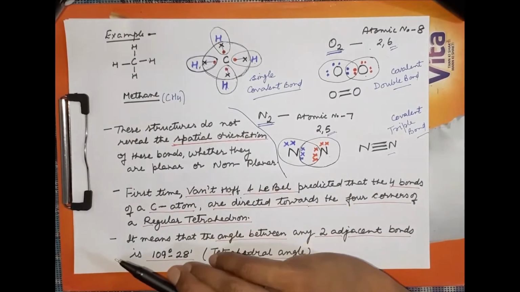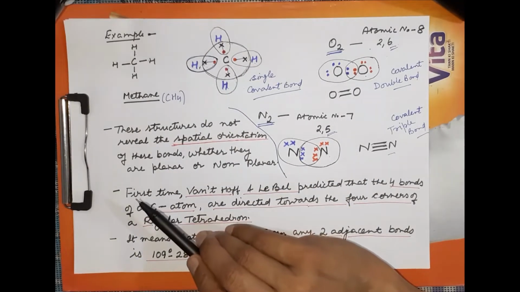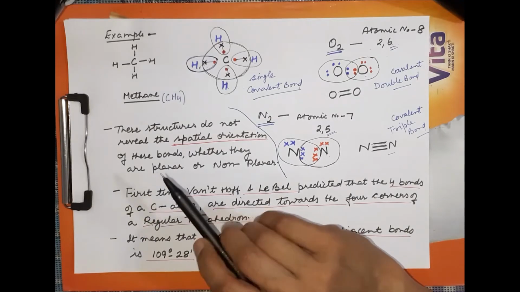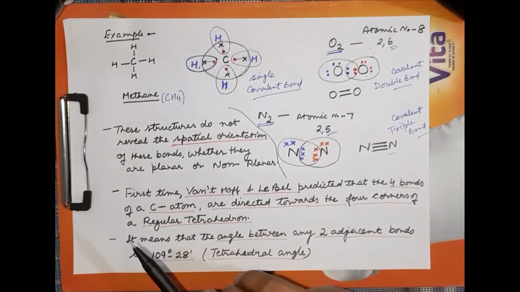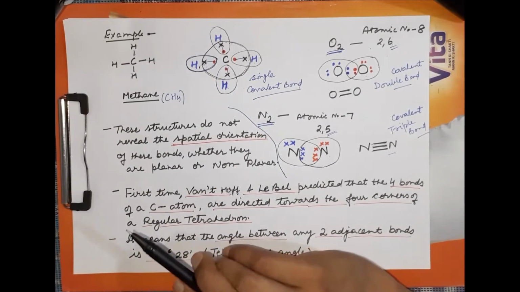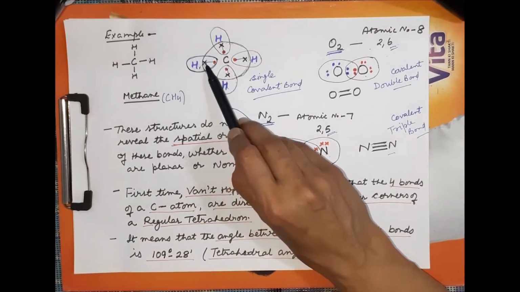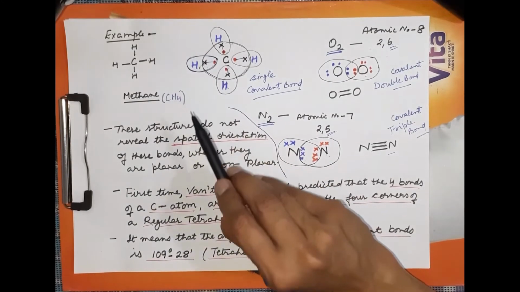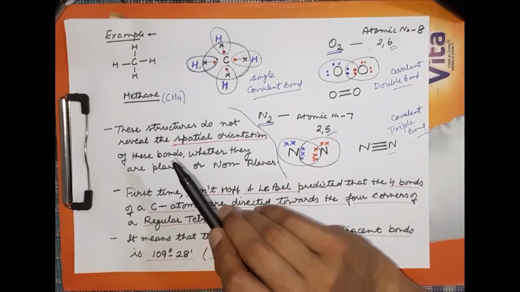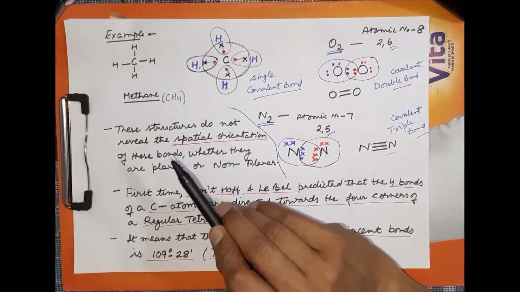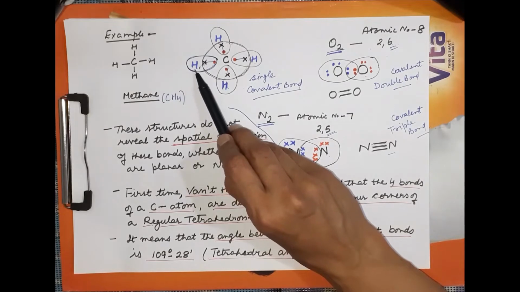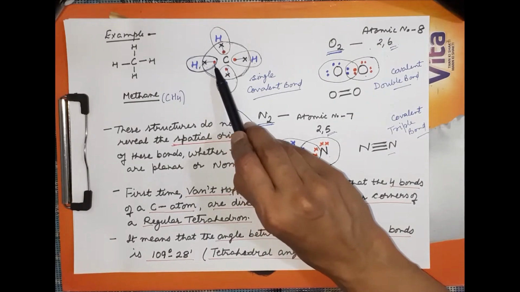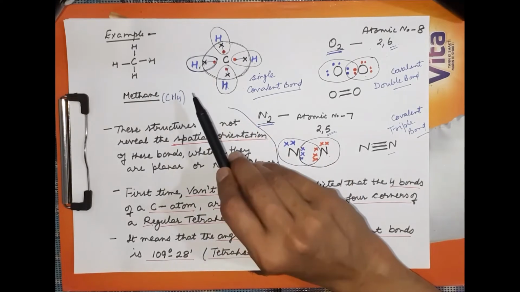And to complete its octet, carbon atom needs 4 more electrons. And then these 4 hydrogen atoms, and we know hydrogen has only 1 electron, which I have shown with this cross. So hydrogen needs 1 more electron to stabilize itself. For this, hydrogen shares 1 electron of the outermost shell of the carbon atom.